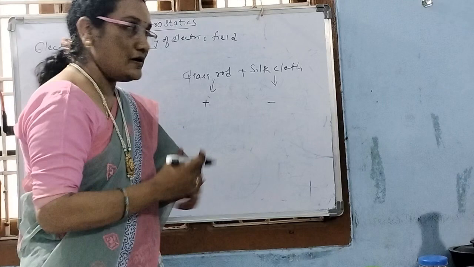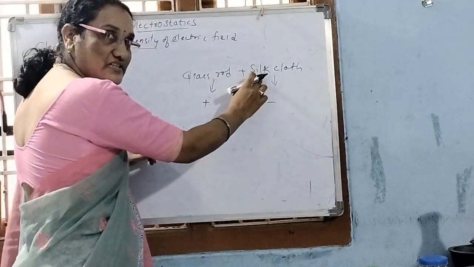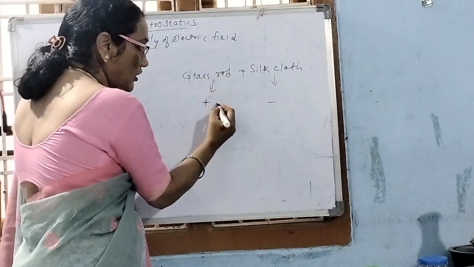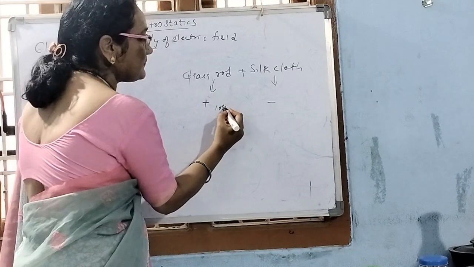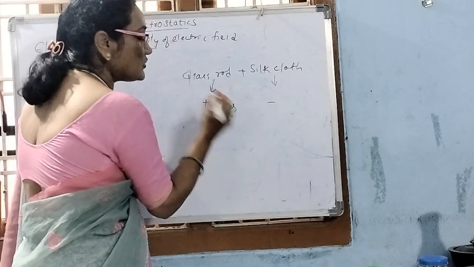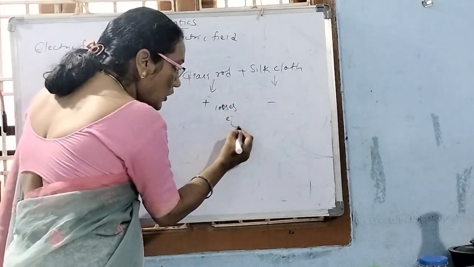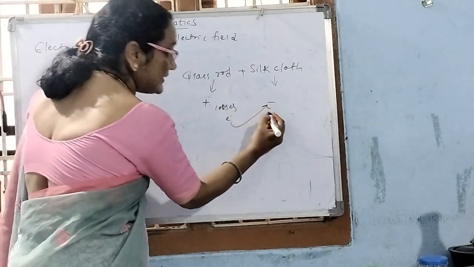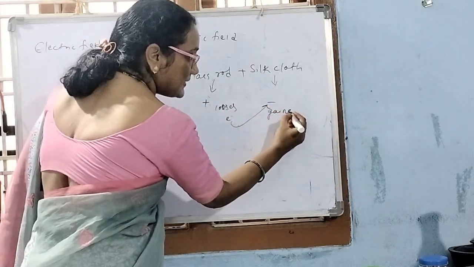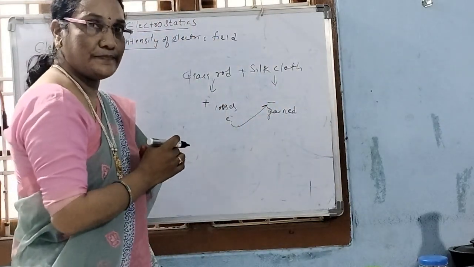How does it happen? When we rub the glass rod with the silk cloth, the glass rod loses electrons, and the lost electrons are gained by the silk cloth.